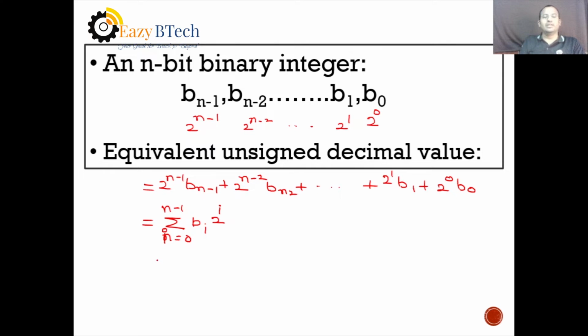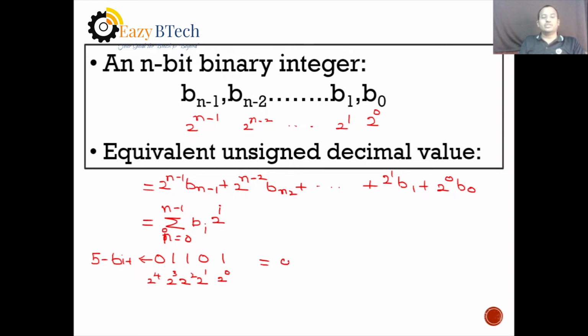For example, the given number is 01101. This is a 5-bit unsigned binary number. The corresponding decimal value: assign the weights 2 power 0, 2 power 1, 2 power 2, 2 power 3, 2 power 4.